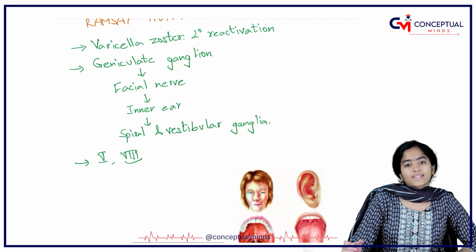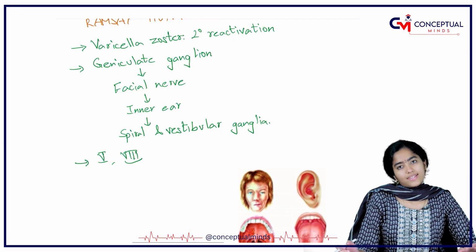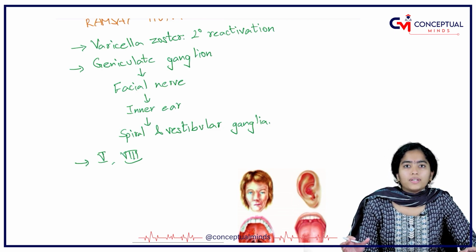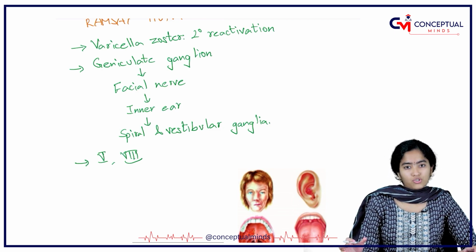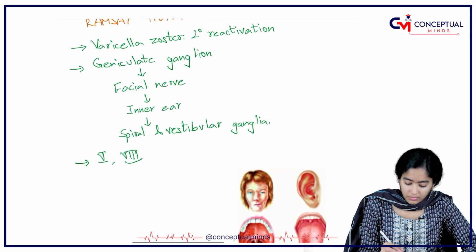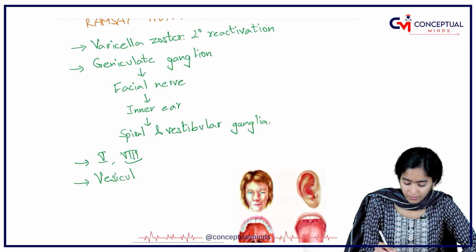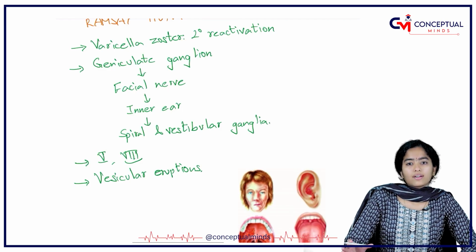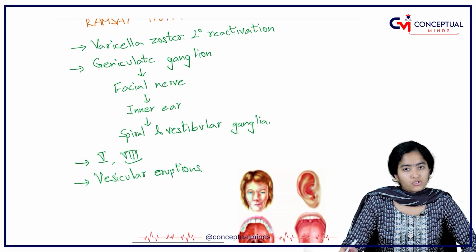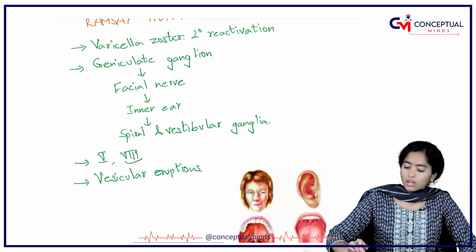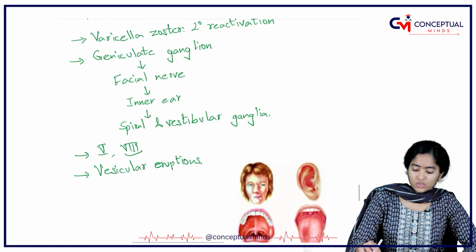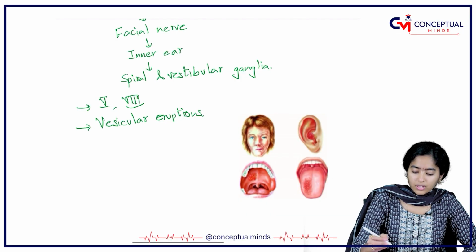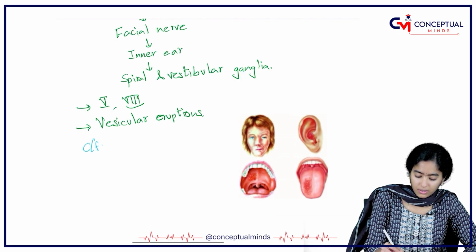Now when this virus is reactivated, what it does is it produces herpetiform lesions. What are herpetiform lesions? They are vesicular eruptions. Vesicular eruptions are seen along the course of the facial nerve. So first initially the patient presents with, let us see the clinical features.